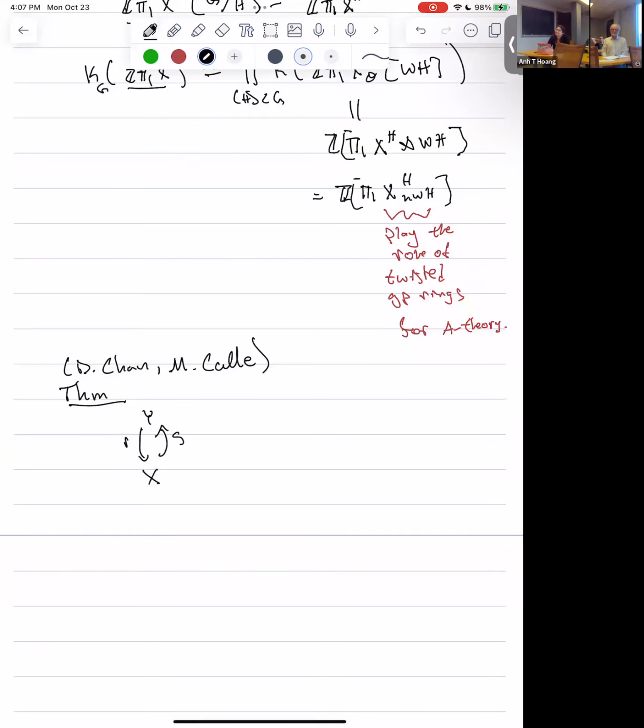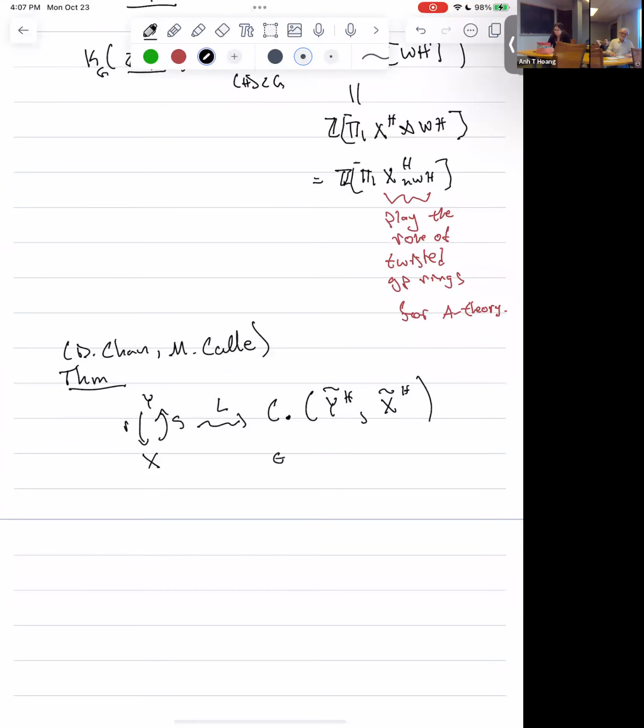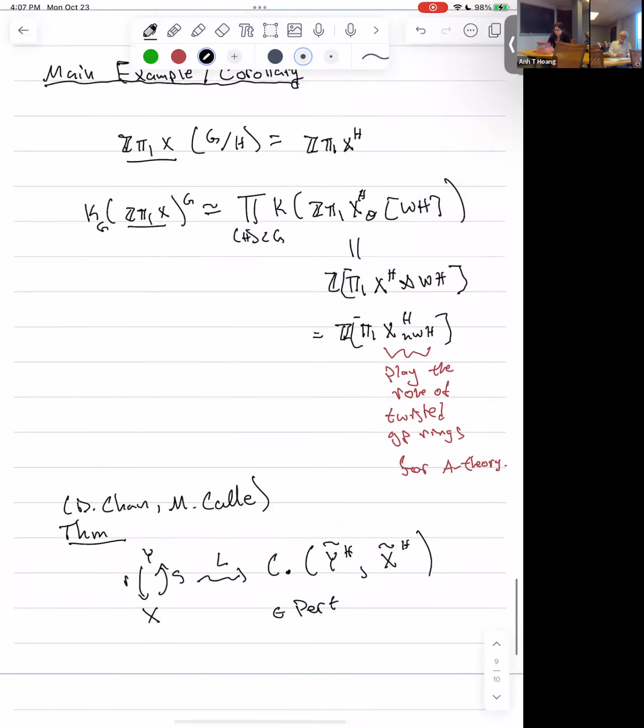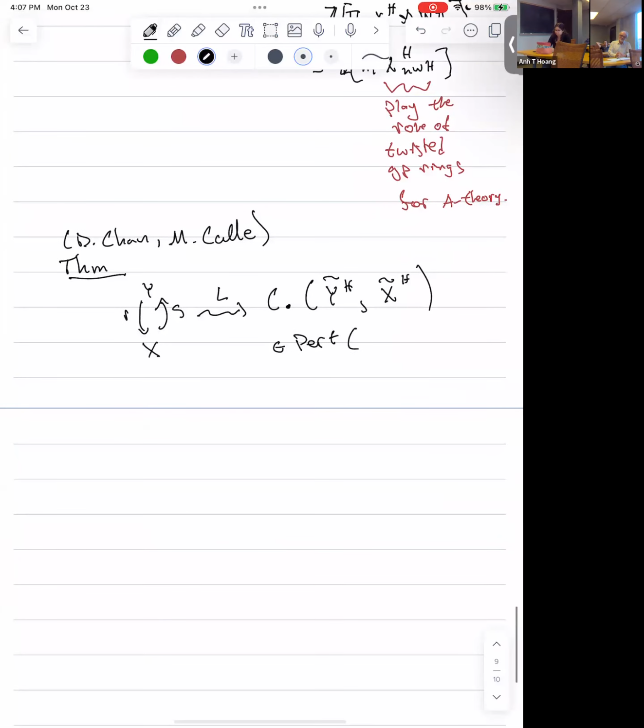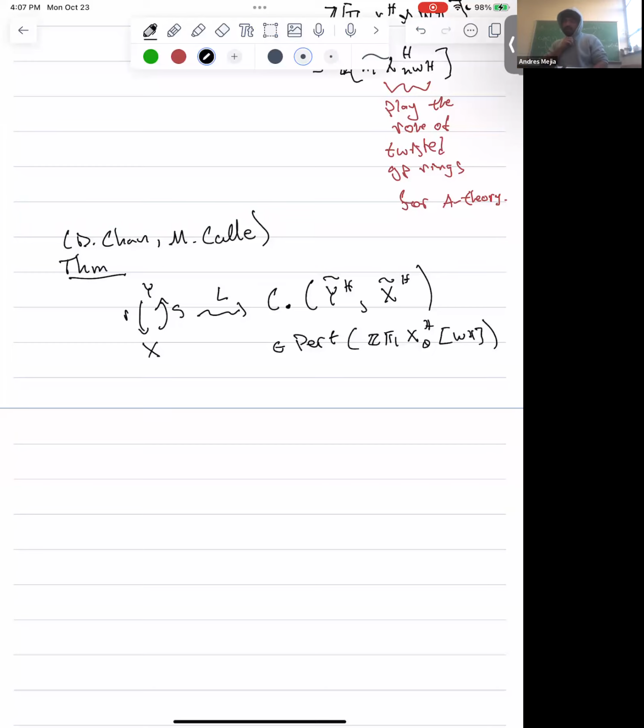over X. And all we have to do is define a map that takes us to chain complexes. And it turns out that these are just modules over the twisted group ring. And they have the requisite finiteness conditions. And we can make an assignment with this.